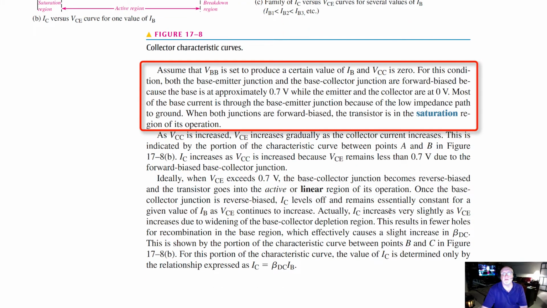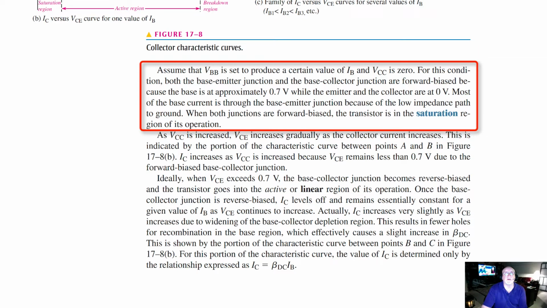So if we assume that VBB is set to produce a certain value of base current I sub B, and VCC is set to 0. For this condition, both the base emitter junction and the base collector junction are forward biased, because the base is approximately at 0.7 of a volt, while the emitter and collector are at 0.